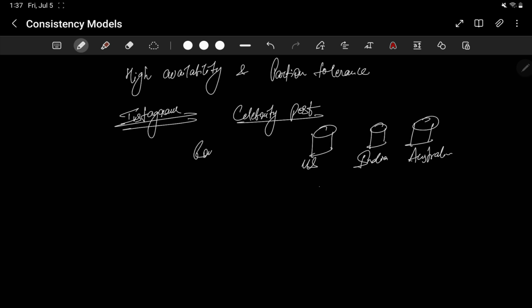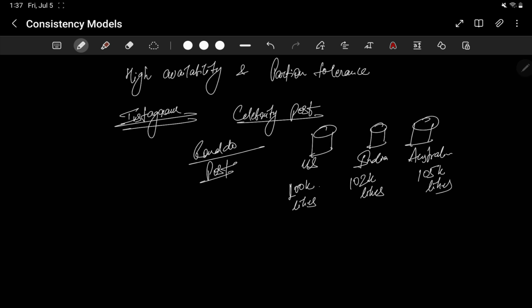There is a celebrity called Ronaldo. Let's say Ronaldo made a post. It went viral. You are in the US, you are seeing it has 100k likes. Somebody in India sees it has 102k likes. Somebody in Australia sees it has 105k likes.